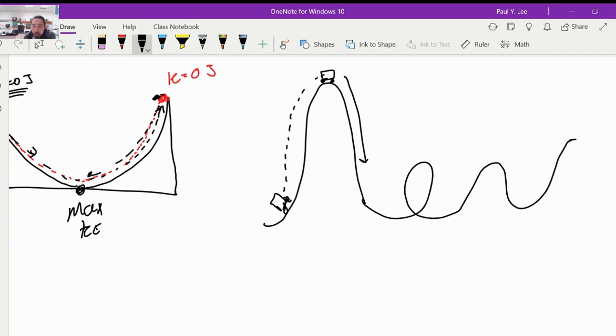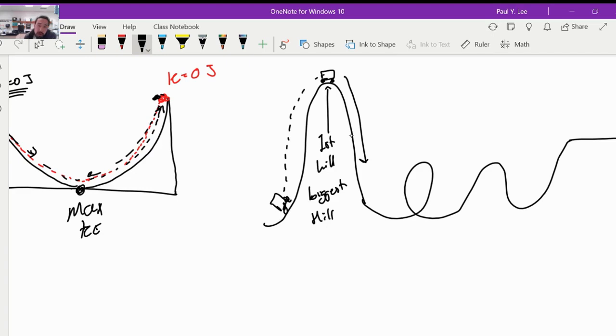But what you never see for a roller coaster is the roller coaster going beyond the first hill. So the first hill will always be the biggest hill, and that's because on the first hill, you have the maximum amount of mechanical energy. Now, because it's the real world, when you're in the roller coaster, there is energy lost due to friction, and so you can never go back up to that initial point.